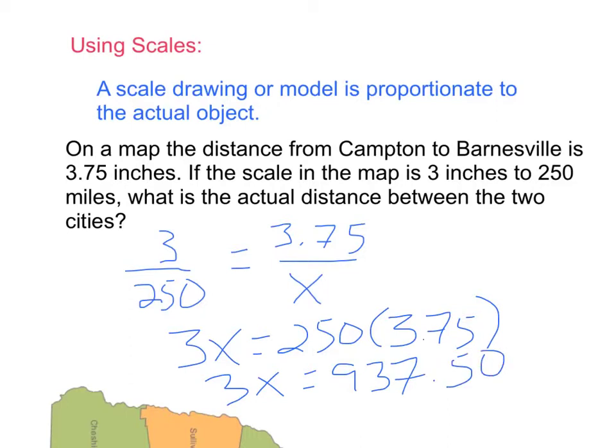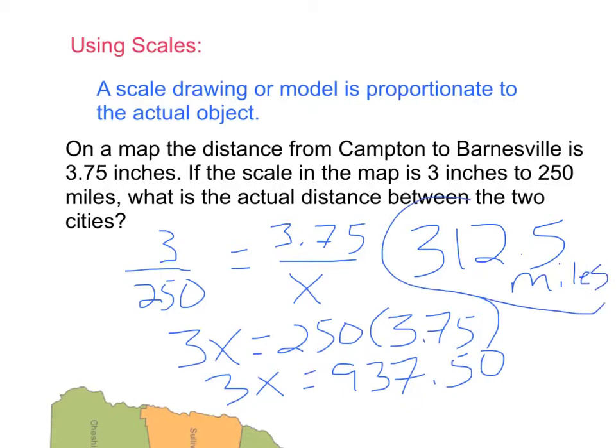To finish solving my problem, I need to divide both sides of my equation by 3. 937.50 divided by 3 is 312 1/2, which means it is 312 1/2 miles between Campton and Barnesville. Please take a moment to pause this video, write down the statement above and the example in your notes.